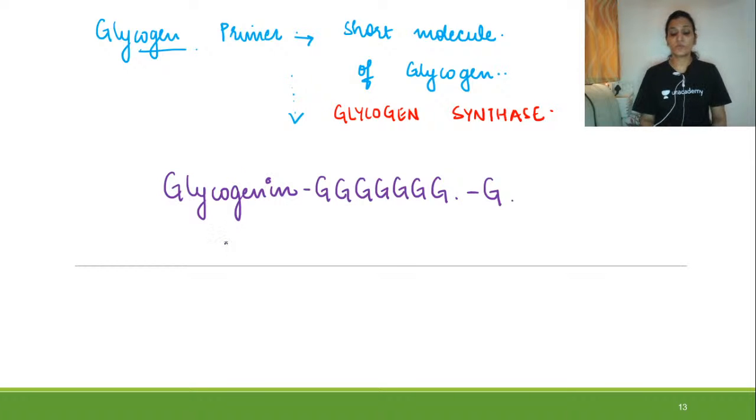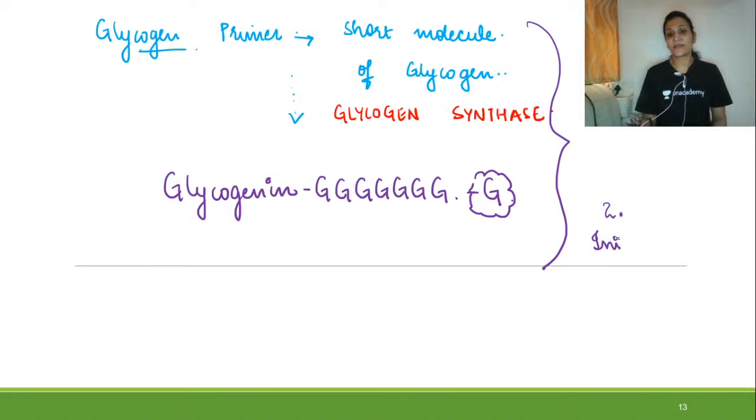In this step, one glucose of UDP glucose is getting attached to glycogenin. This step is called initiation of glycogen synthesis, the initiating phase.